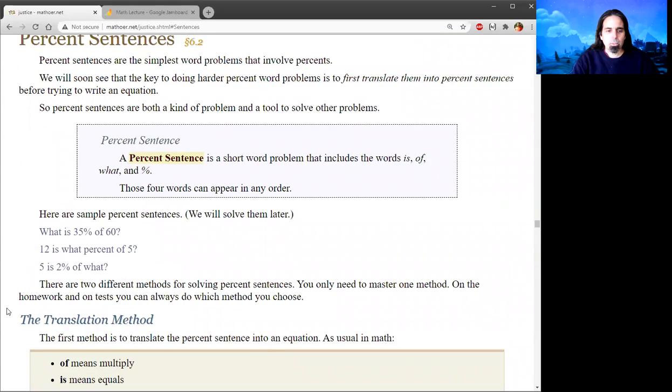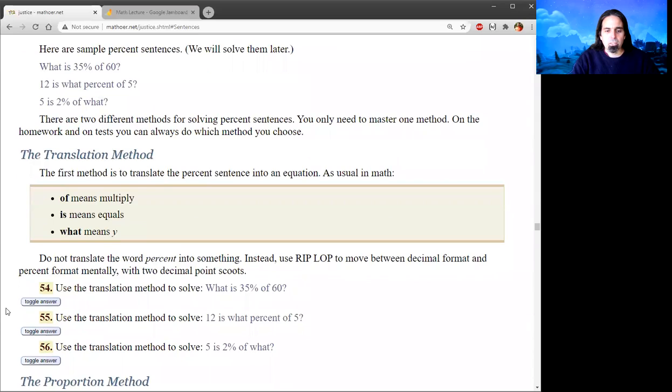Okay, back to where we were. There are two methods of solving percent sentences. The first one is the translation method, and we'll do of means multiply, is means equals, and what means y. I will grab those and put them on the whiteboard. We will use them in a moment.